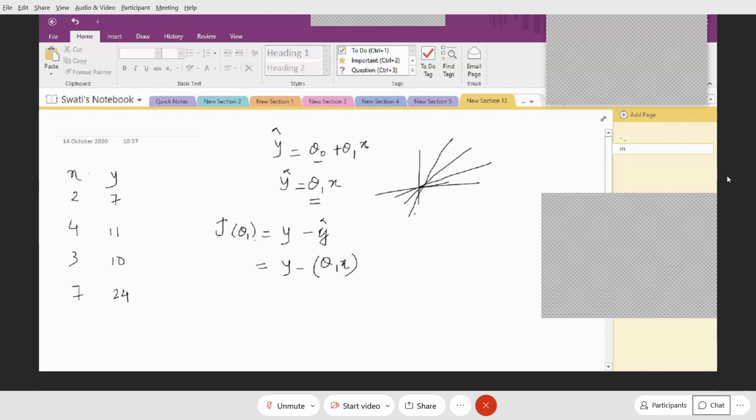So this is going to be the summation of the square of all the values, divided by 2m. Do you get this? Yes, ma'am. Okay.